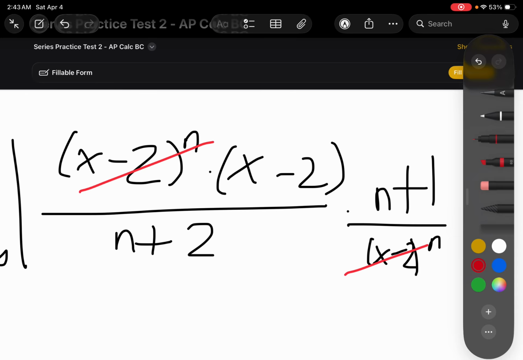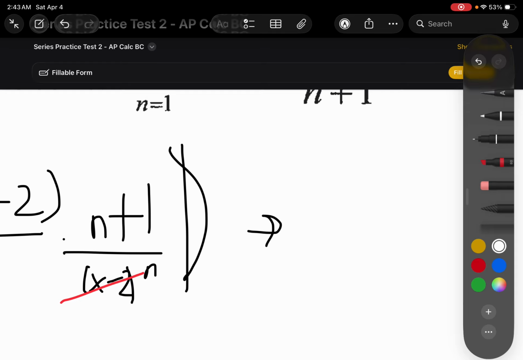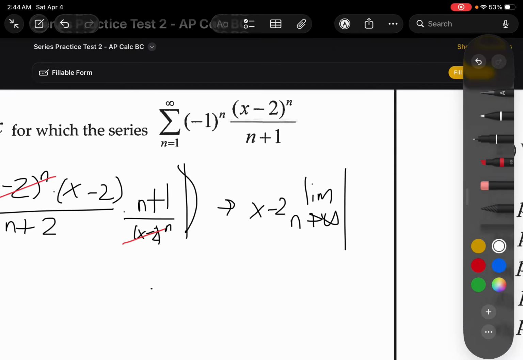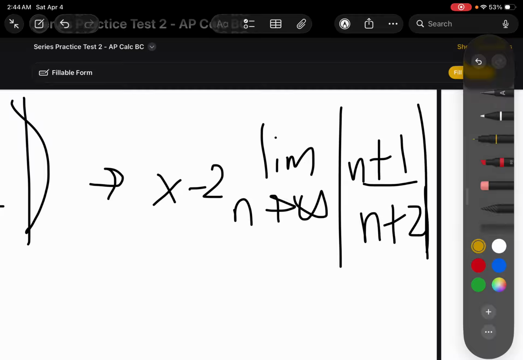Cancel party, and that just gives us x minus 2 times the limit as n approaches infinity. That is a horrible arrow, sorry about that. n plus 1 over n plus 2, which gives us infinity over infinity, which just gives us 1.